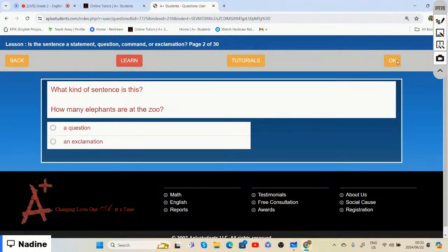All right, and if we were to say what kind of sentence is how many elephants are at the zoo, then yes, we will start with question, option one. It is a question that's being asked, and the sentence ends with a question mark.